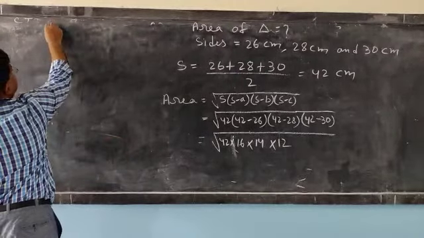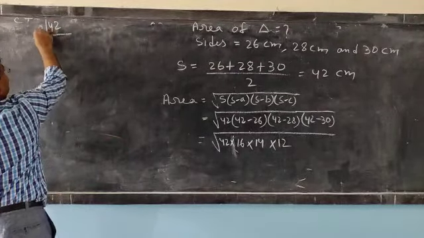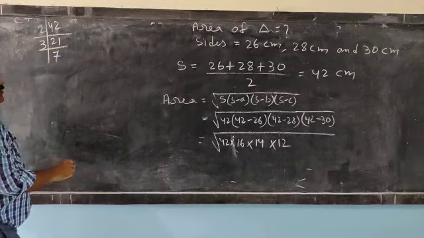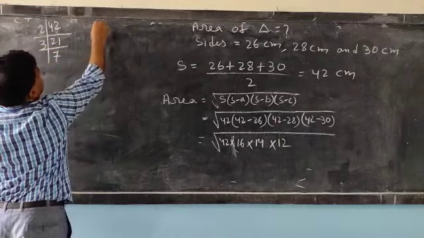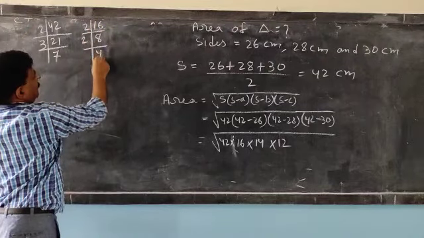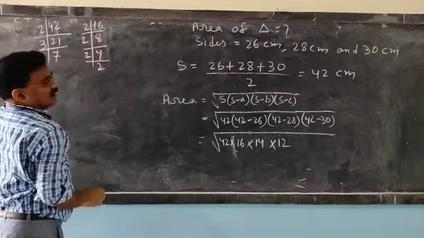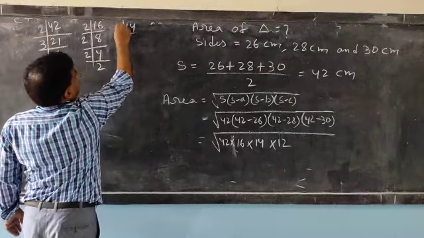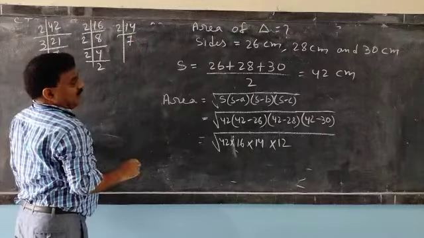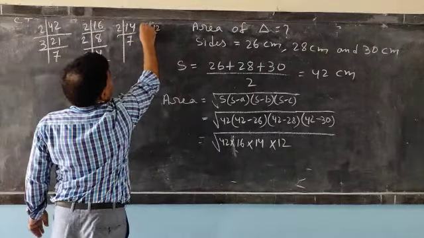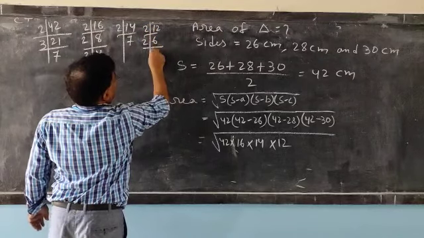42: 21, 3, 7. 16: 2, 8, 2, 4, 2, 2. And 14: 2, 7. And 12: 2, 6, 2, 3.